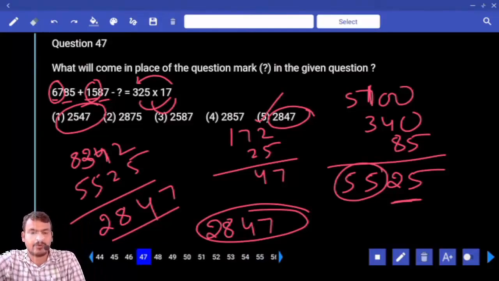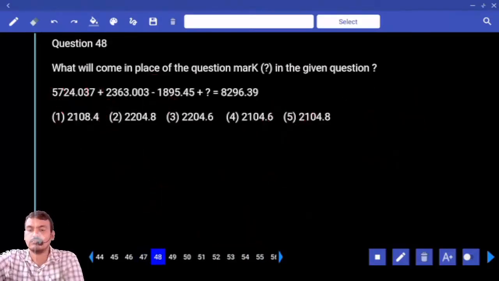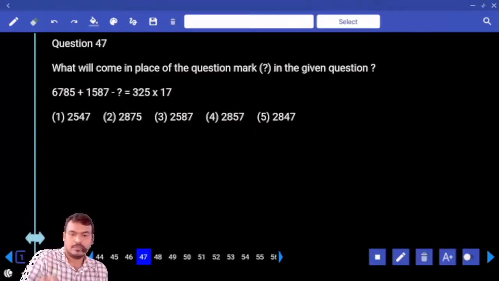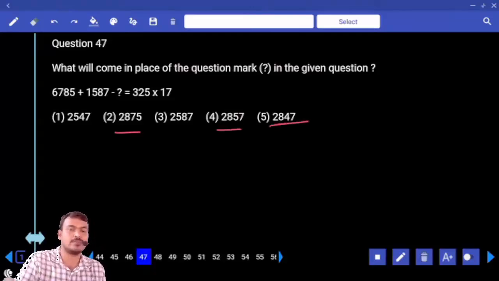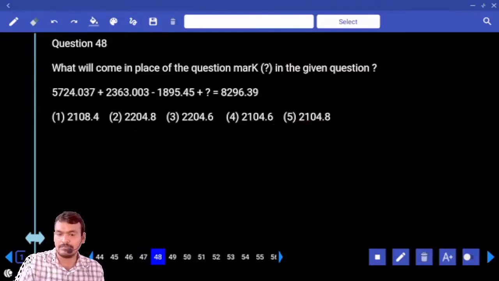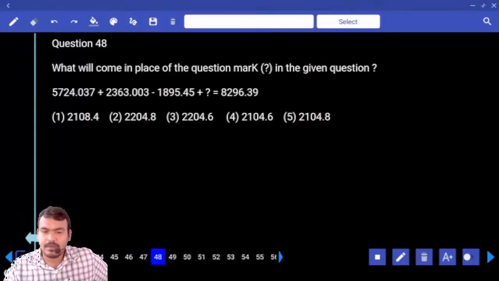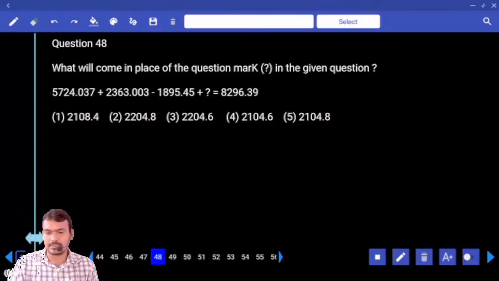Next question number 48. First 2 digits verification చేయడానికి కూడా 3 options కనిపిస్తున్నాయి కదా. Second option, fourth option and fifth option. 3 options kada. Next question number 48. Verify the last 3 digits or not? Verify the last 3 digits.